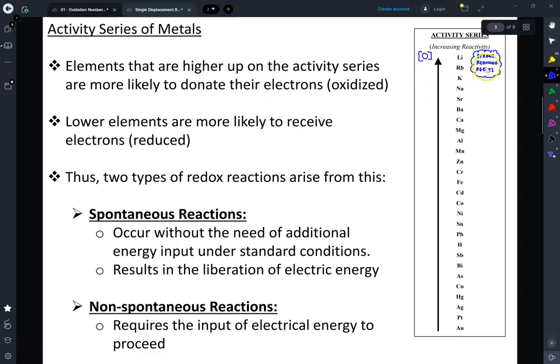So this makes them strong reducing agents because they will cause reduction in other elements. Meanwhile, elements at the bottom of the activity series tend to be reduced, as they are more likely to gain electrons. This in turn makes them strong oxidizing agents, as they will cause oxidation in other elements.